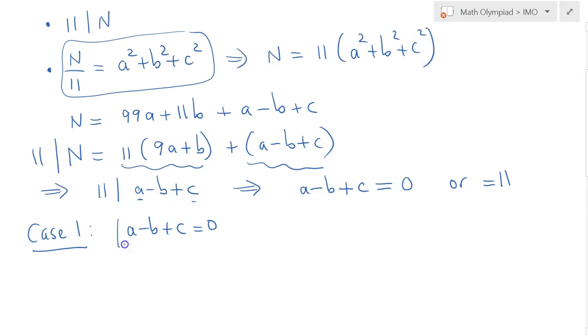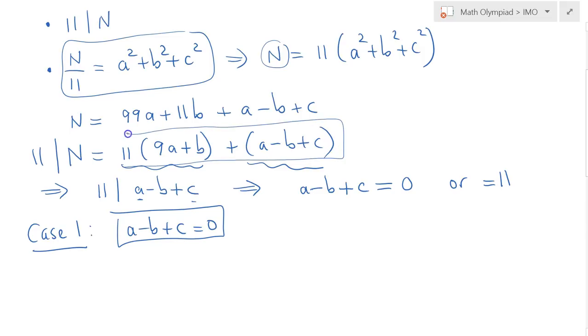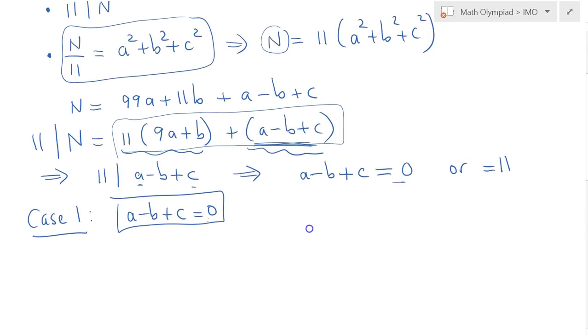Okay, so we are in this case, and let me first replace n with this nicer format. Obviously the second term, because we are in the case where it's equal to 0, will vanish, so we will be just left with the first one. So in this first case we have n, but again the second part vanished.